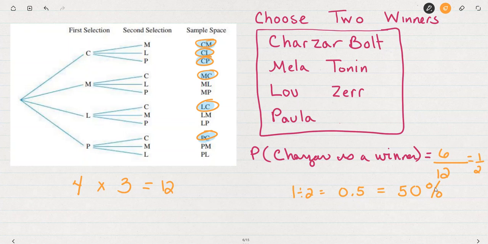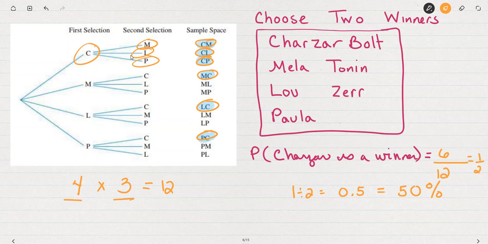Let's talk just a little bit more about how this tree was created and why there are 12 elements in the sample space. Notice that once Charizard is selected, he can't be selected again. So although the first selection has 4 options, for the second selection, the only ones left are Mela, Lou, and Paula. So there are only 3 choices for the second selection.